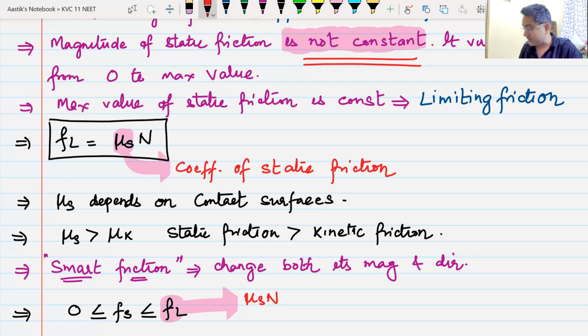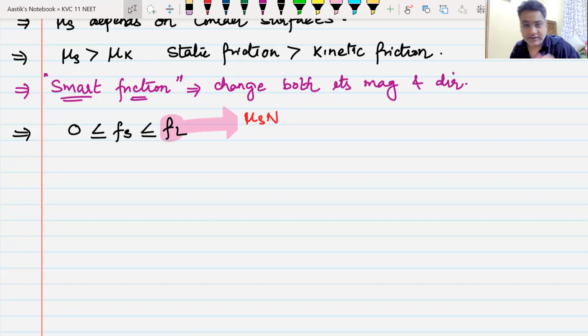Mu s into N. The value of static friction will lie between 0 and Fl, and the value of Fl is mu s into N. So you can say static friction lies between 0 and mu s into N. And it is smart friction. Why? Because it can change its magnitude, it can change its direction. Do we understand this? Have you written this, everyone?